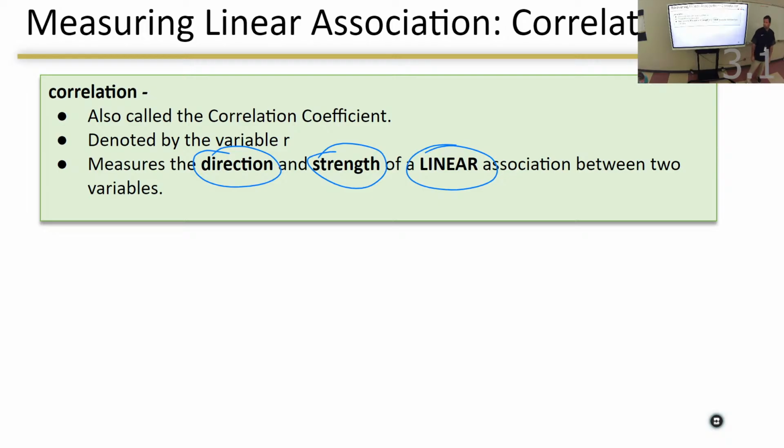If you're asked, what does this tell me? It tells me the direction and the strength of a linear relationship. Because it will say, what is the correlation? You tell them what it is, and then they will say, interpret this value. There is a strong or a weak, or whatever we want to say, negative or positive association.